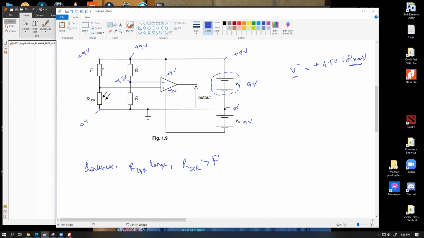This will be consuming a smaller fraction of voltage, so it will be less than half, smaller fraction. So the voltage of this point is gonna be bigger than plus 4.5.